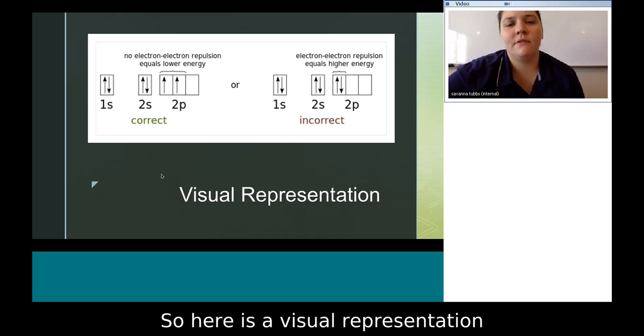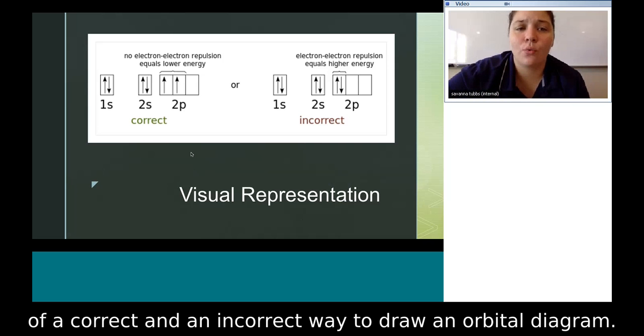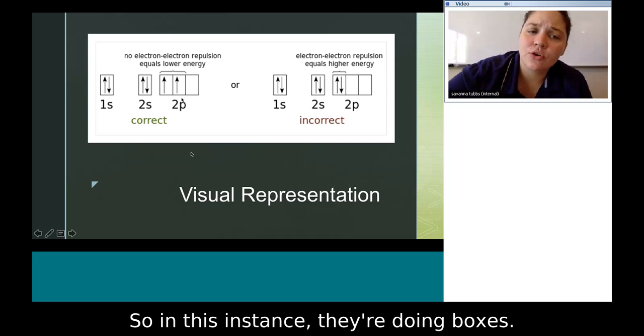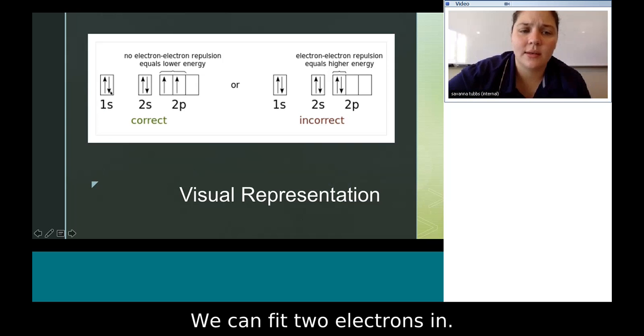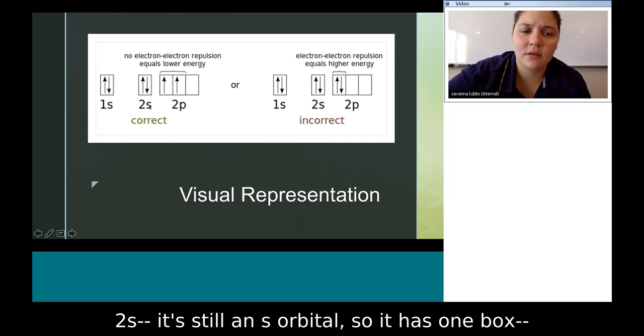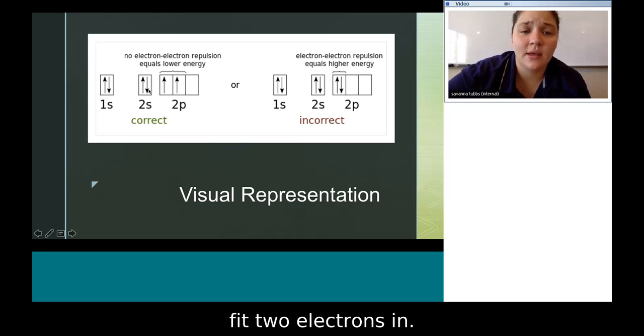So here is a visual representation of a correct and an incorrect way to draw an orbital diagram. In this instance, they're doing boxes. So a 1s has 1 orbital. We can fit 2 electrons in. 2s, it's still an s orbital, so it has 1 box. Fit 2 electrons in.